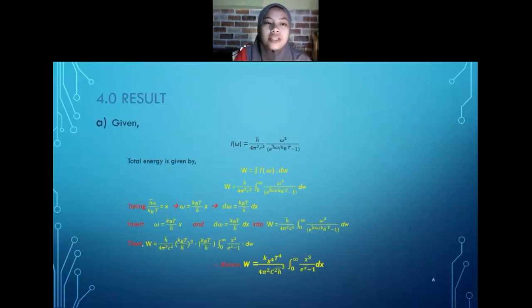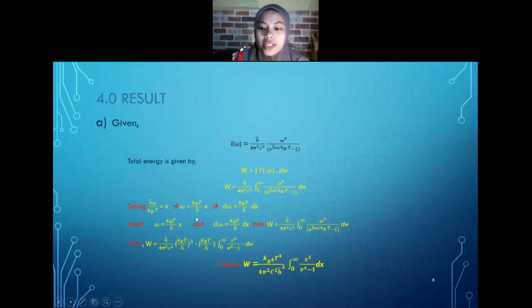So now we need to discuss the result. For equation A, this is the formula of the thermal energy, and we know that the total energy formula is this. Then by taking h bar omega over kBT equal to x, we need to find the omega. We already know the formula of omega is kBT over h bar times x, and we differentiate the omega and also the x.